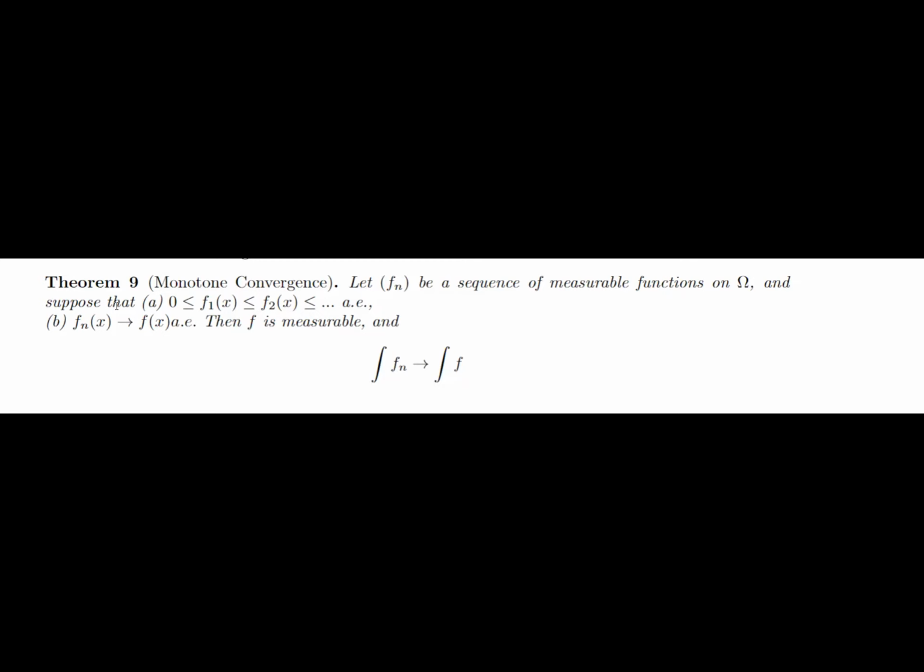And furthermore, you assume that f_n(x) converges to f(x). Then f is measurable, and the integral of f_n converges to the integral of f. This is a theorem that we will use in the proof.